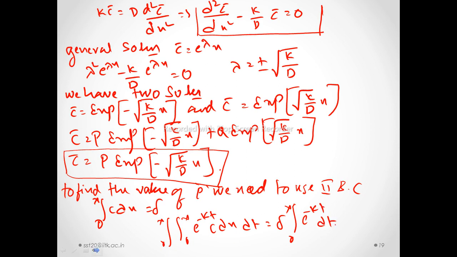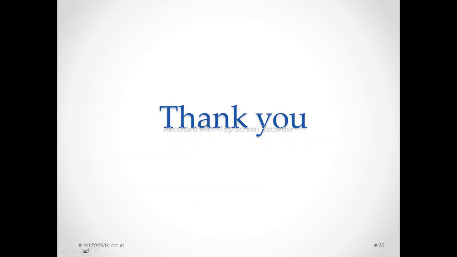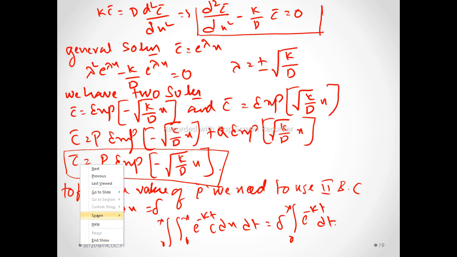Sorry, I have to add one more tab here so that I can explain and derive it completely. Zero to infinity e raised to kt into c into dt.